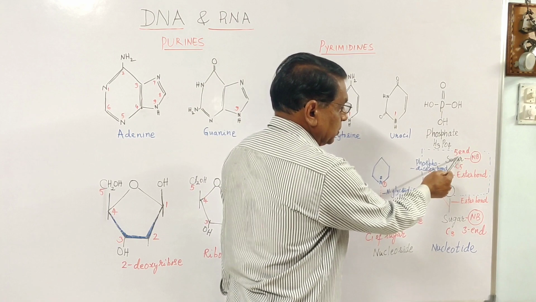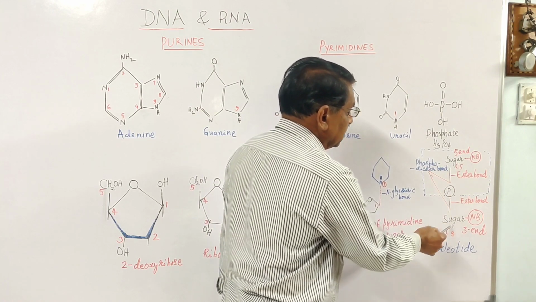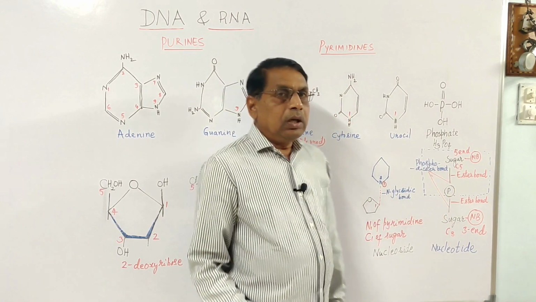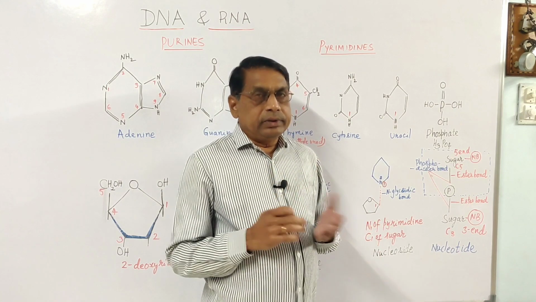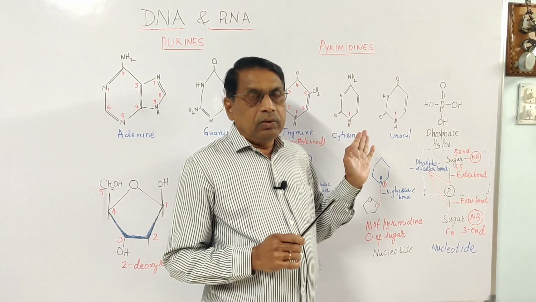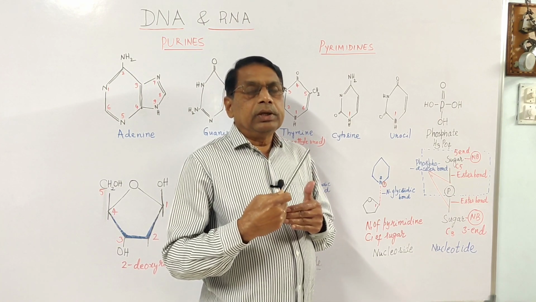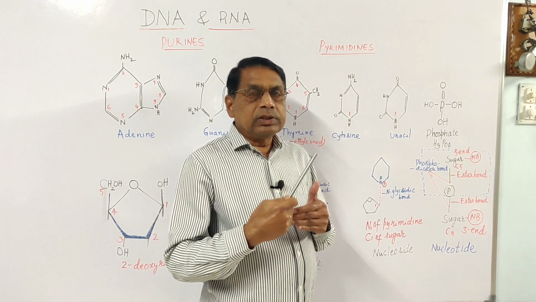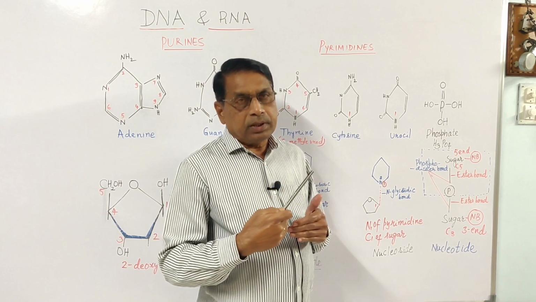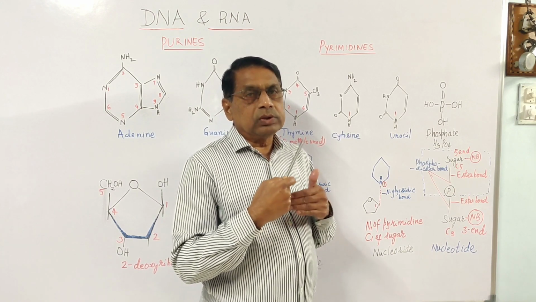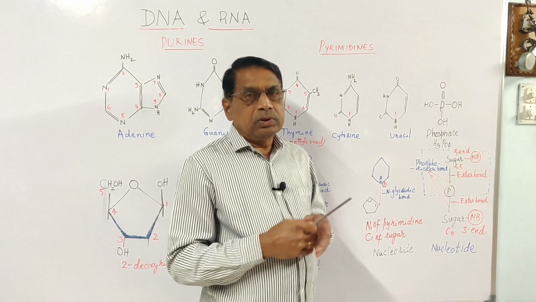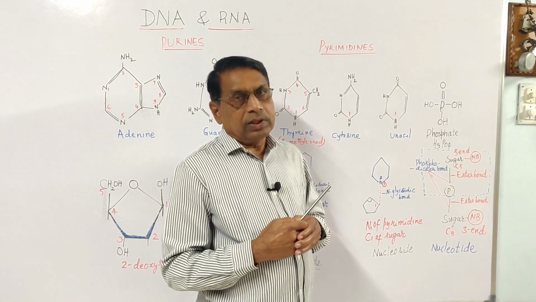Phosphate on one hand is linked to a sugar with C5, and on the other with C3. Therefore, a nucleotide will have two ends, one 5', another 3'. Therefore, the DNA chain is also designated as 5', 3'. Generally, towards the 5' side there is phosphate, towards the 3' side there is hydroxyl.